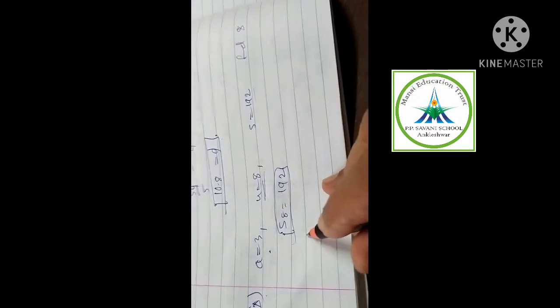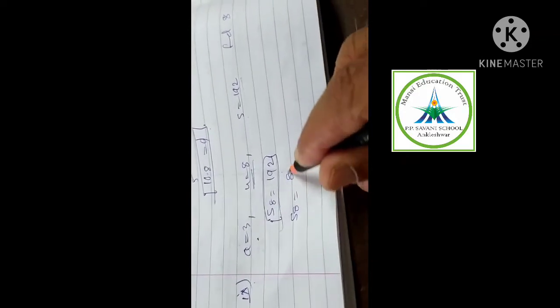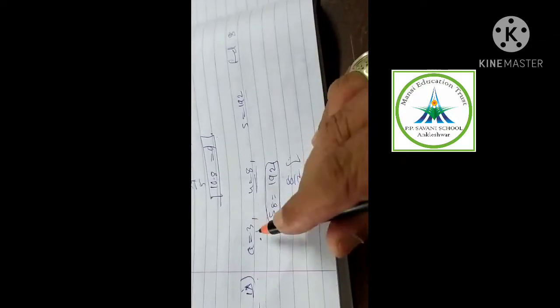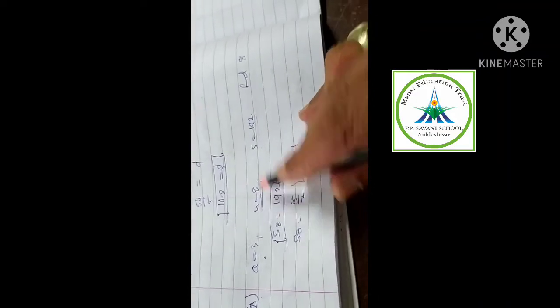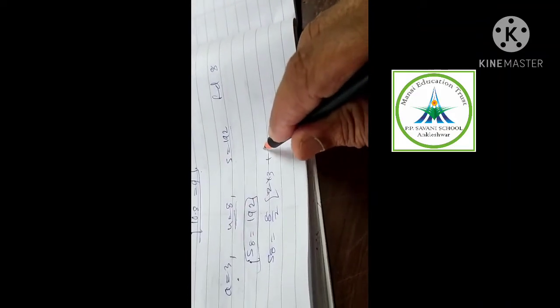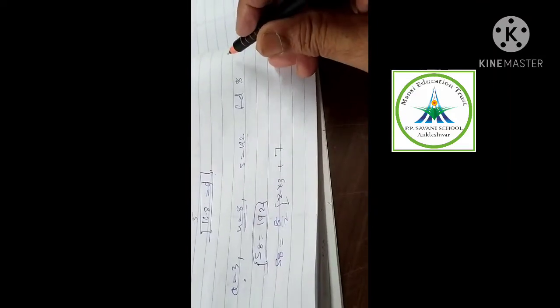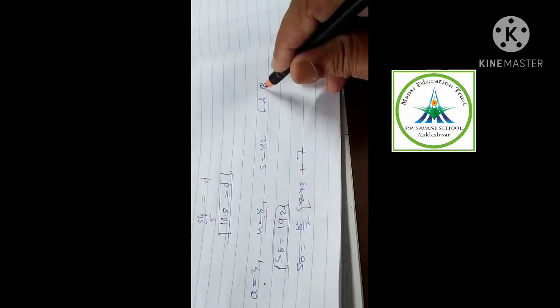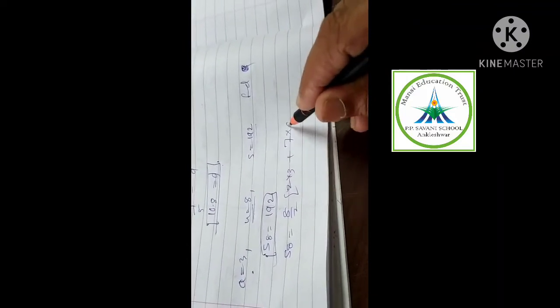See, S8 equal to 8 upon 2 bracket, a is known to you, 2 into 3, plus n is known to you, 8 minus 1, 7, d is not known. Okay, d is not known, you can find d.